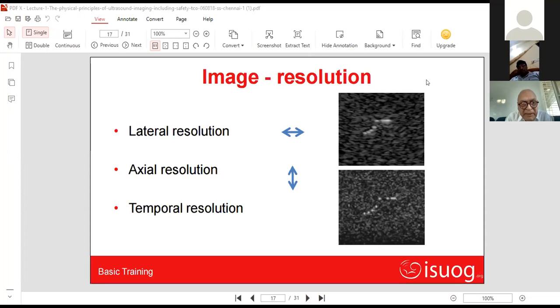This is one of the very important things, because in a moving structure like the heart, it is called temporal resolution, because it is related to time, and therefore the frame rate in a moving structure should be very good. The higher the frame rate, the better the image quality. Next slide, please.